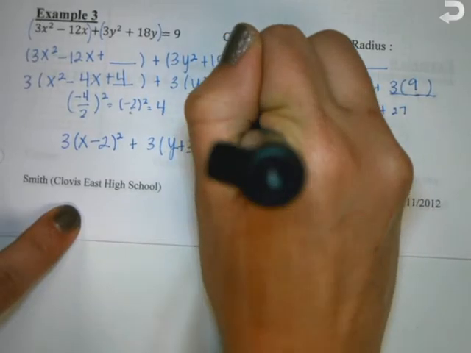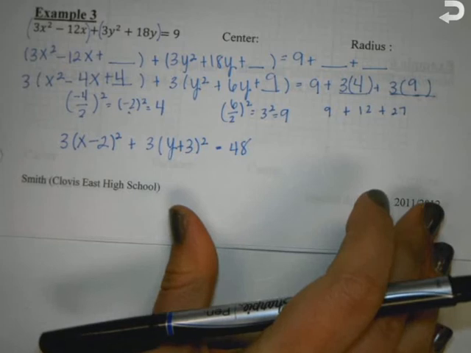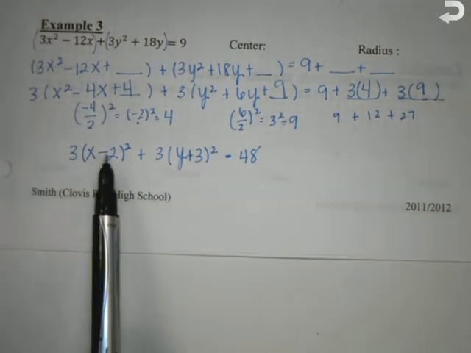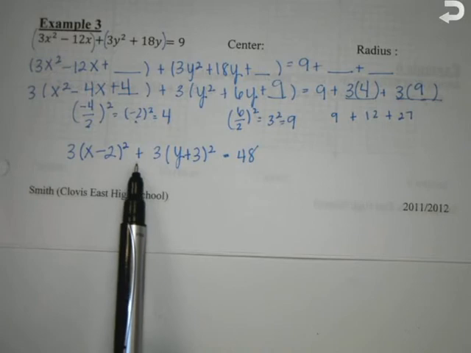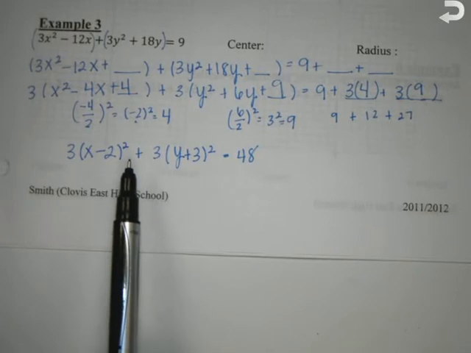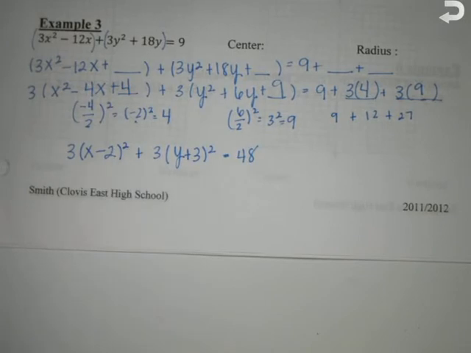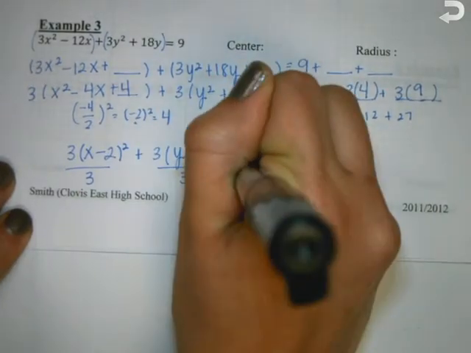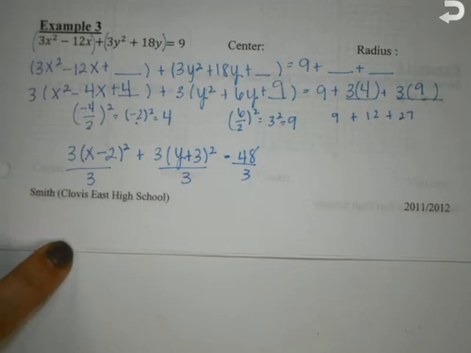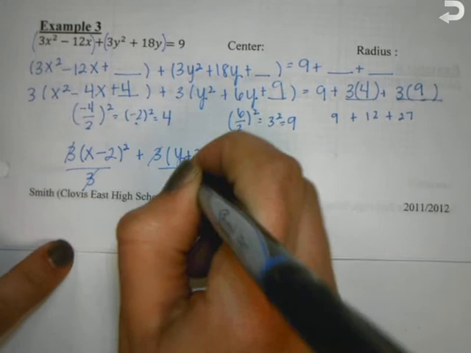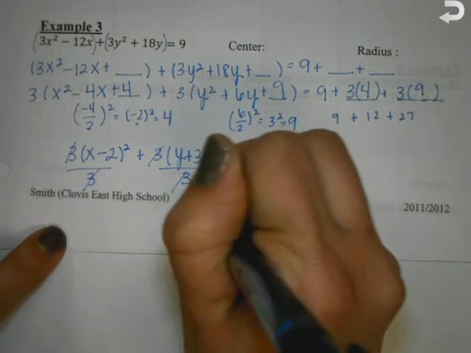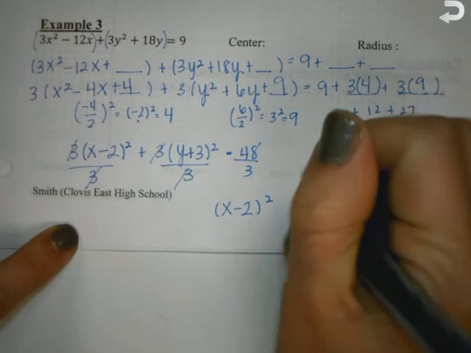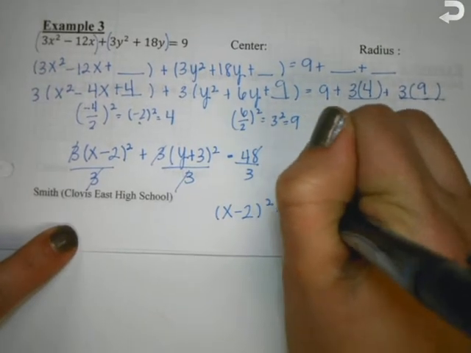Okay, do I look like the descriptive form yet? I'm almost there. What's one other thing I can do? We can divide everything by 3. So we divide everything by 3. Those 3's are going to cancel. And it's going to give me x minus 2 squared plus y plus 3 squared equals 16.